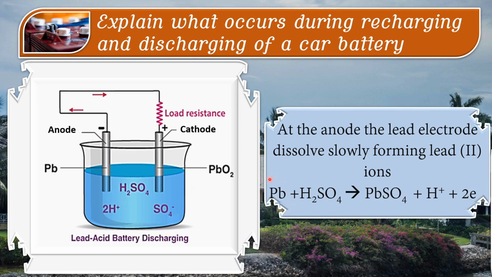Now we have our lead ions here, and there is sulfuric acid which is in the solution. The lead II ions will dissolve in the solution, and then react with the sulfate ions to form lead II sulfate, and we shall have hydrogen ions and 2 electrons which are released.